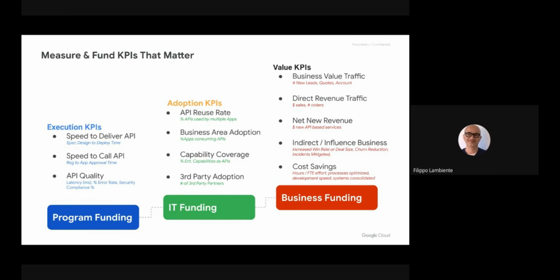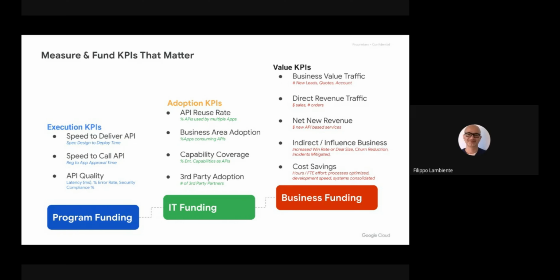The adoption of the API, internally and externally, the simplification of the partner onboarding. How many partners are onboarding and using my API? All these are types of KPI being categorized in these three pillars: the execution KPI, the adoption KPI, and lastly, the value KPI. What is the business value generated?